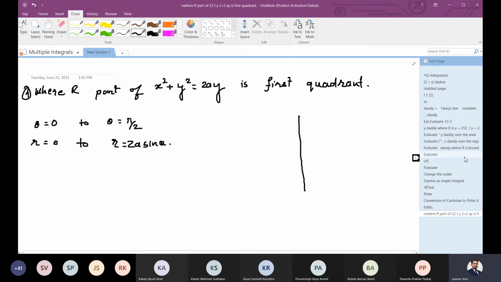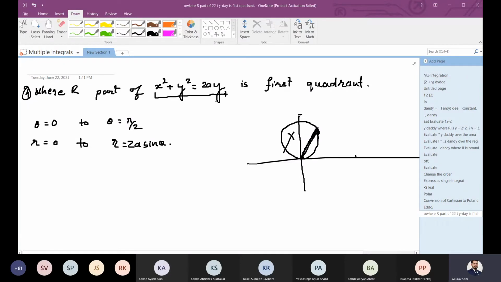So the circle that you get is of this form, a part of it in just the first quadrant. So this part is not there. In this case, theta is running from 0 to pi by 2, and r is running from 0 to the circle. On the circle, the value of r that you are going to get is 2a sin theta. Exactly right.